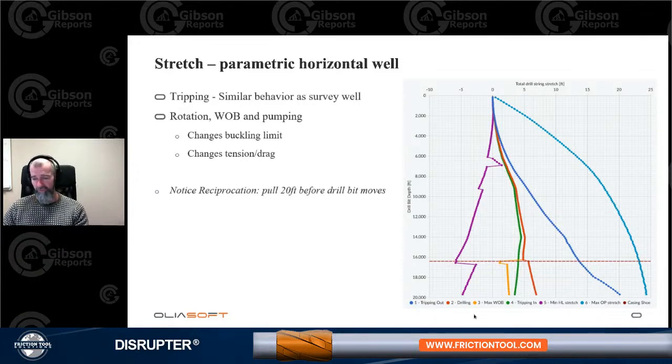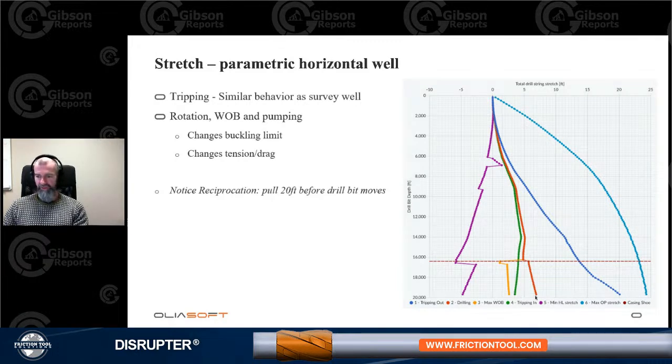So what I also plotted here is how the stretch looks when you are drilling. Here I applied a standard drilling operation, and also showed how the stretch is affected if you go to a maximum weight on bit. There is not that much difference in this case.